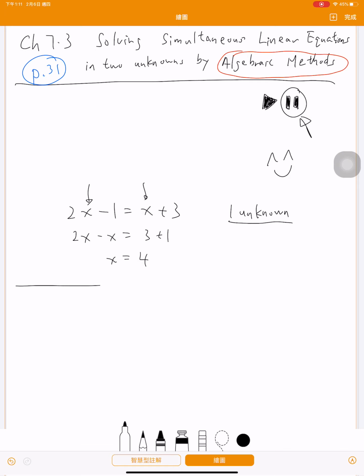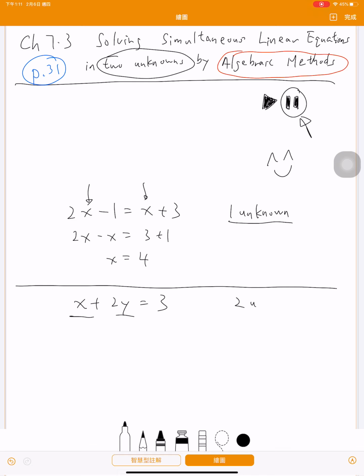But in this chapter, we have two unknowns. For example, 2x plus 2y is equal to 3, right? This one we cannot solve because we have two unknowns here.